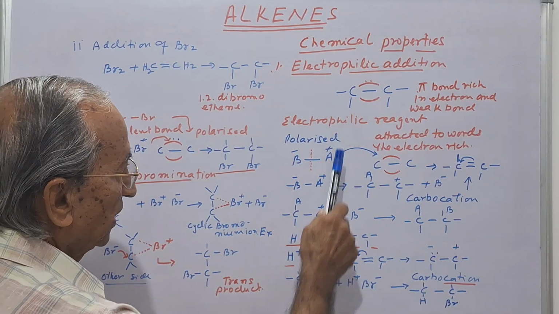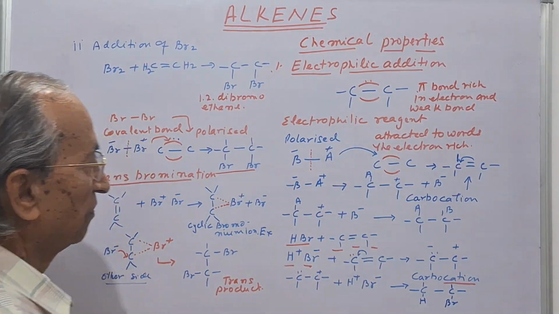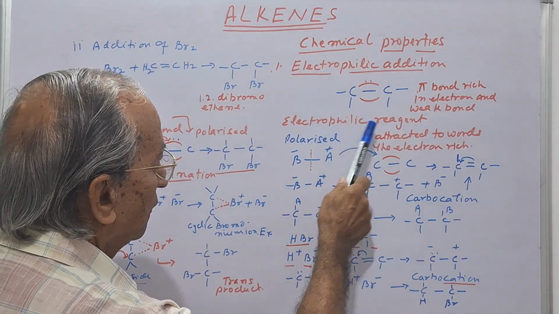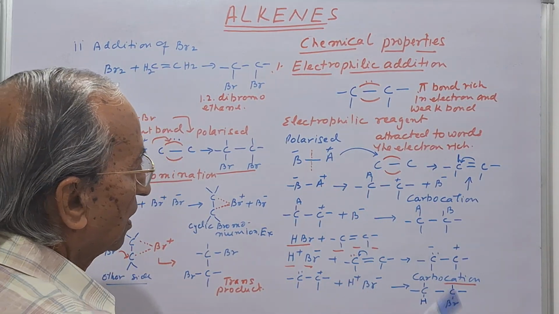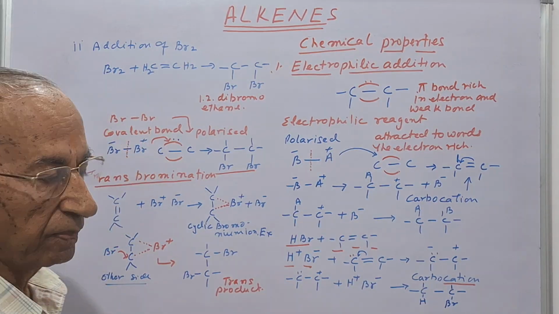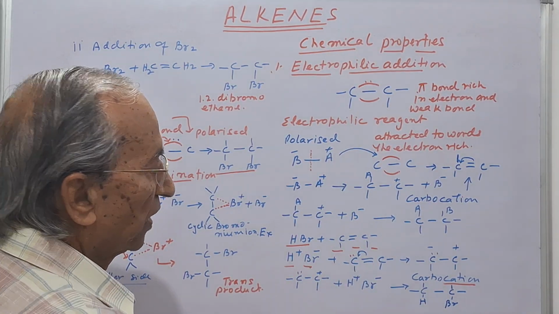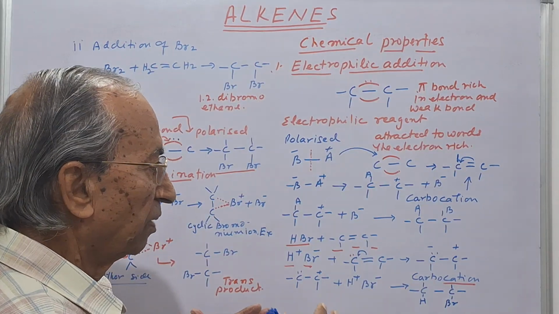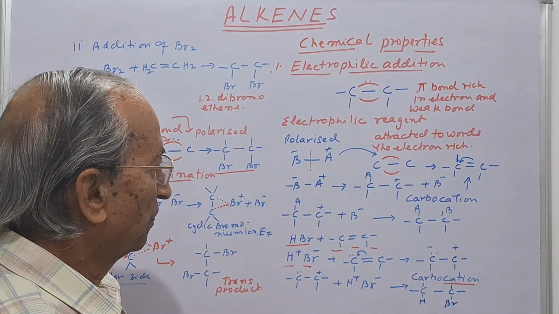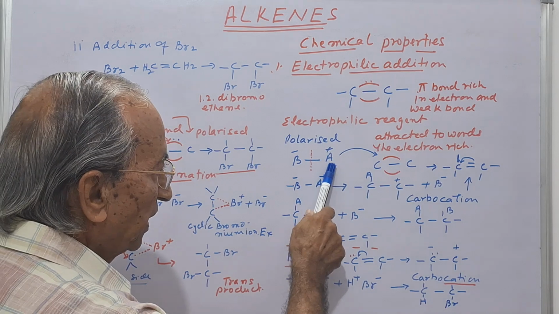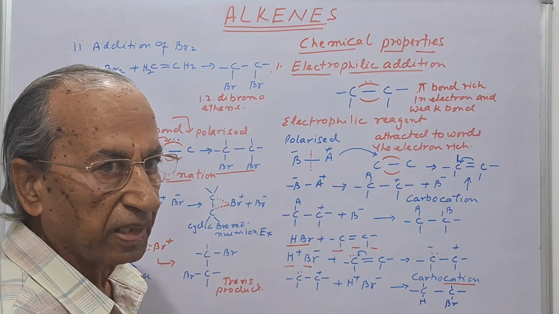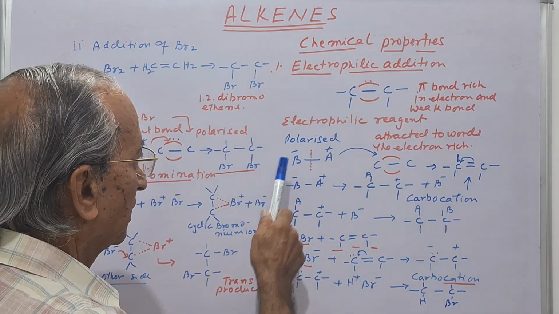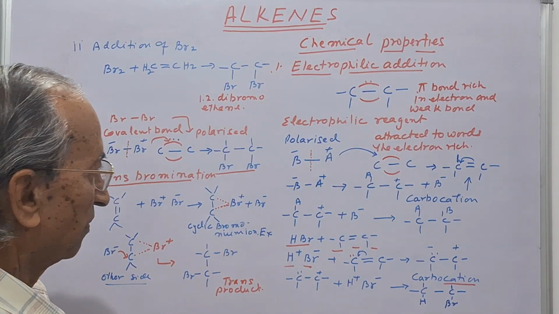So what happens in the case of the electrophilic reagents? First, when an electrophilic reagent comes close to the pi bond, what happens? The electrophilic reagent is polarized, and the atom nearest to the pi bond gets the positive charge and the other atom gets the negative charge.